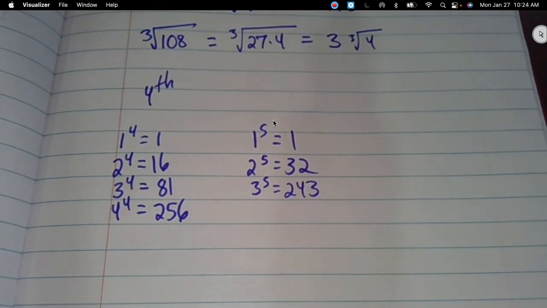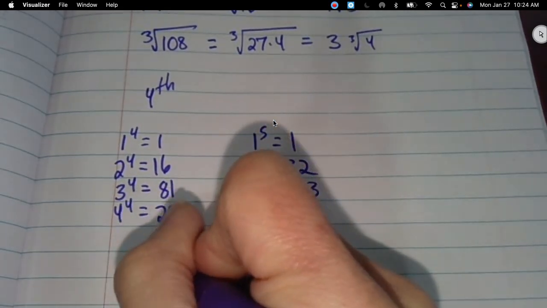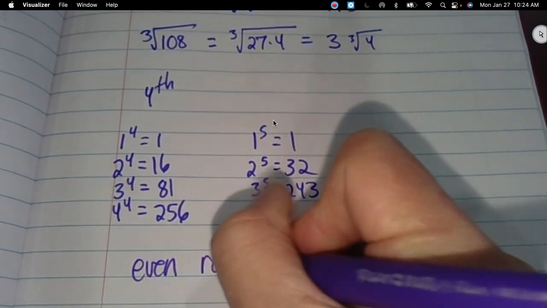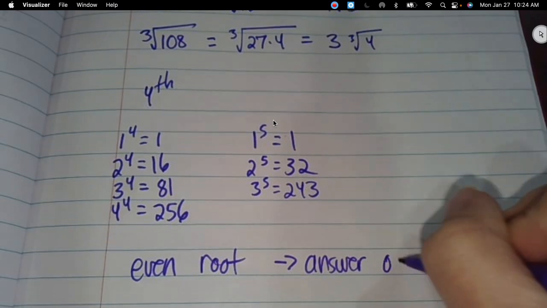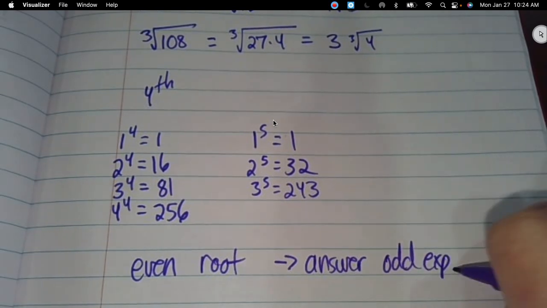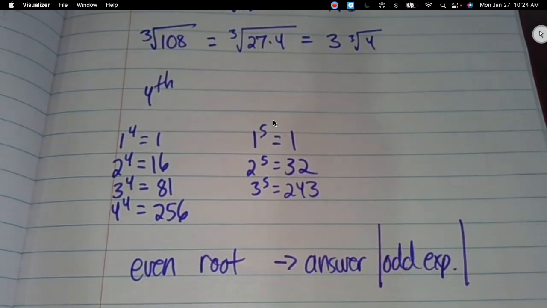So it's an even root with an odd power answer. I'm totally going to mess that up. So I'm not stressed over that, but it is a rule. We should know it. The book does it. I don't know that the worksheets really have that on there, but if it's an even root and your answer has an odd exponent, then you put it in absolute value bars.